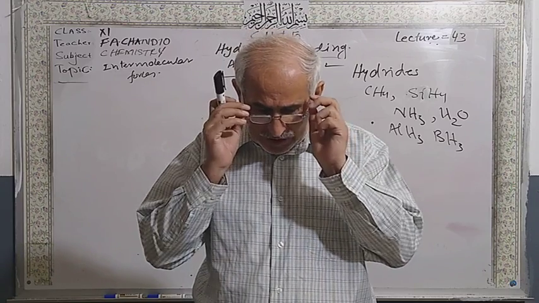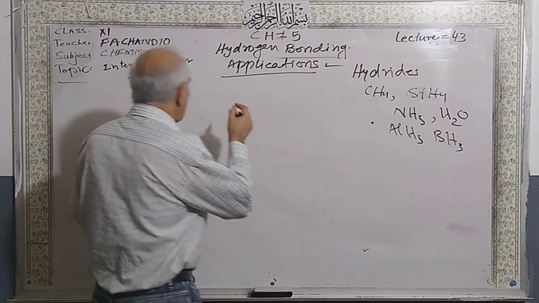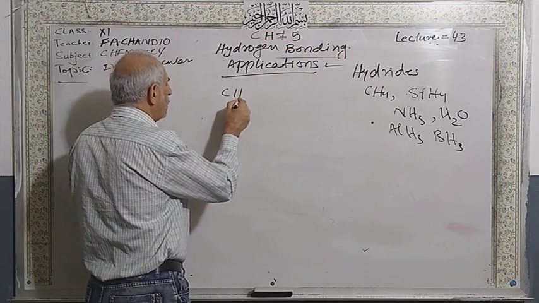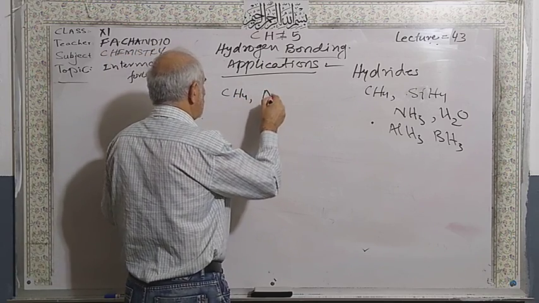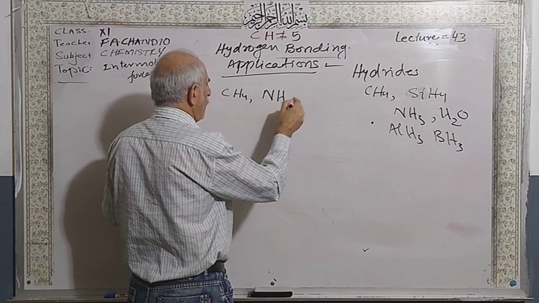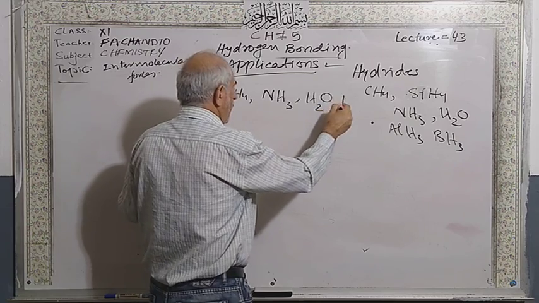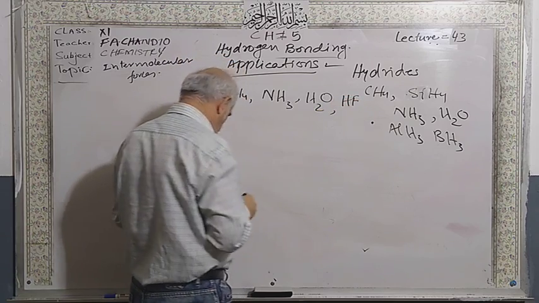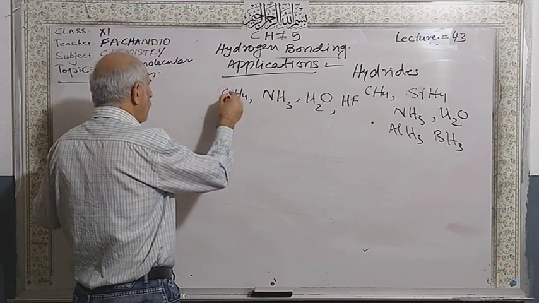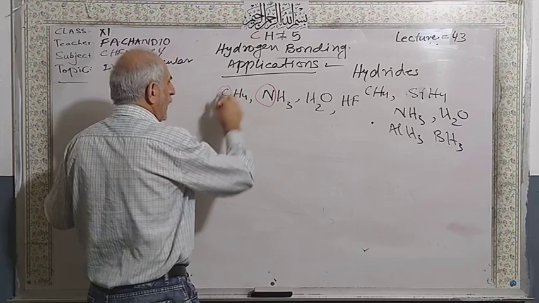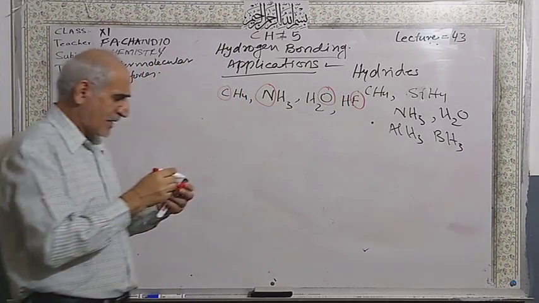But dear students, if you look at carbon, methane, then ammonia, then water, then hydrogen fluoride: carbon group number 4, nitrogen group number 5, oxygen group number 6, fluorine group number 7.